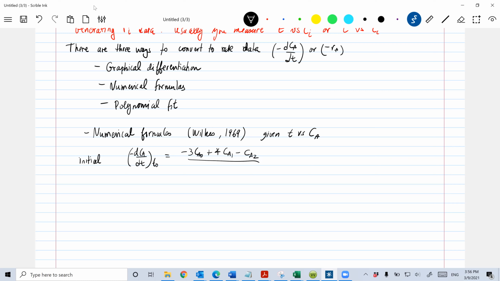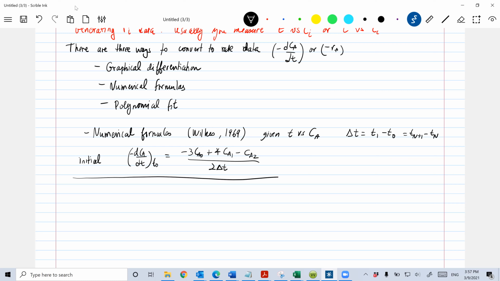I think this exists if you Google it. Now delta t, in this case, is t1 minus t0, so delta t is tn plus 1 minus tn. It's the one further compared to the one before.